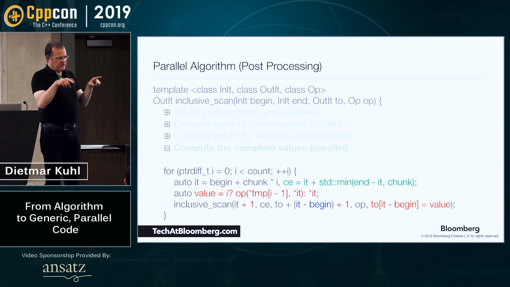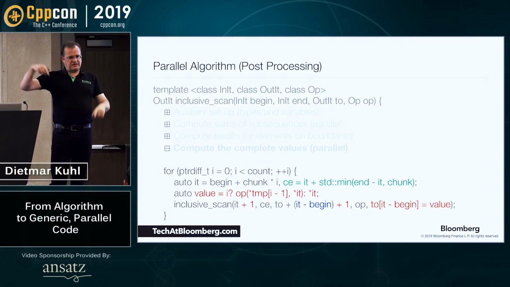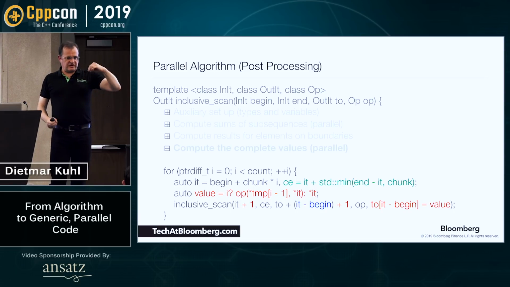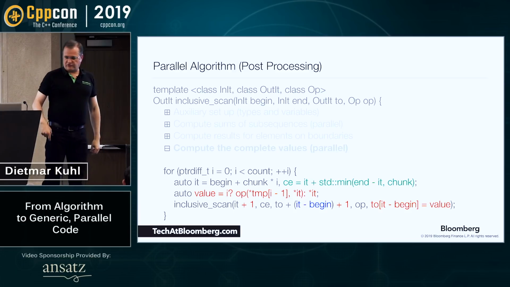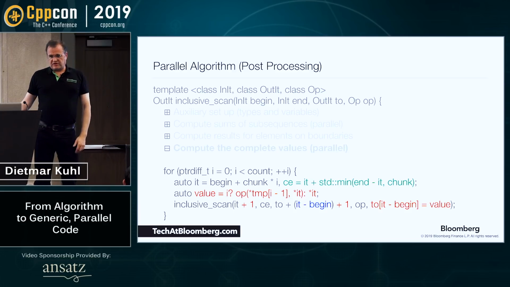There's a little bit of jiggering about with the iterators over here, because I actually have two parallel sequences, the target sequence where I need to write things to, and the source sequence where I get things from. So I need to compute the start position twice, and that happens in both of these cases. But this is a relatively straightforward translation of the original algorithm.